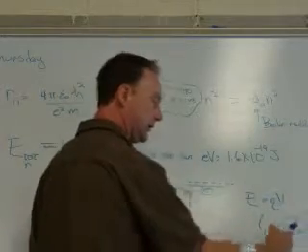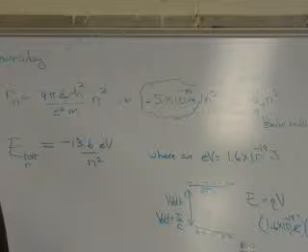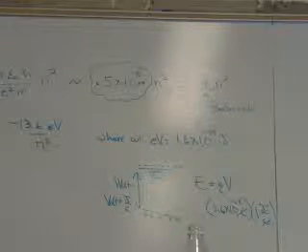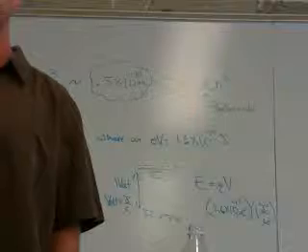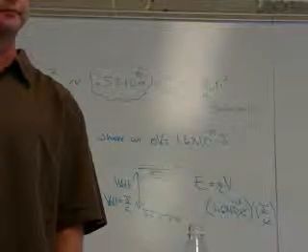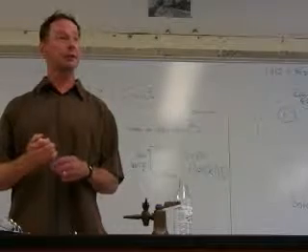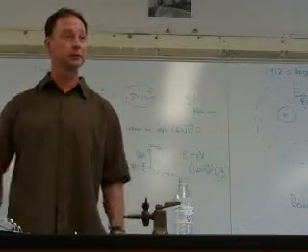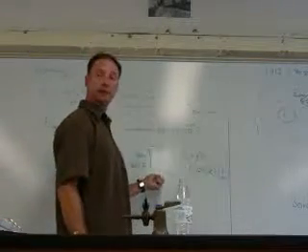Coulombs cancel. It comes out to be 1.6 times 10 to the minus 19 joules. So an eV is the amount of energy that an electron feels in a 1 volt potential. That's it. Or you could also say it's the kinetic energy of an electron that was just accelerated through a 1 volt potential, because if I put the electron here, it's going to accelerate this way.